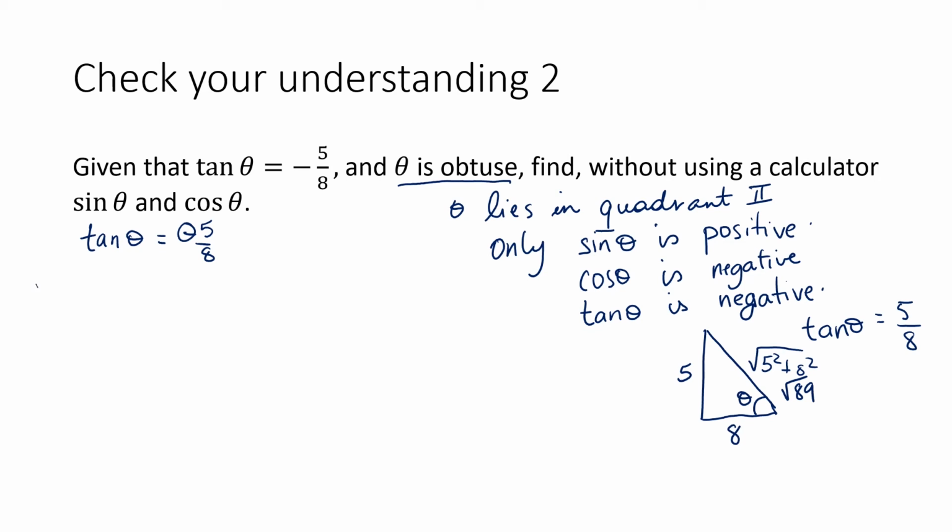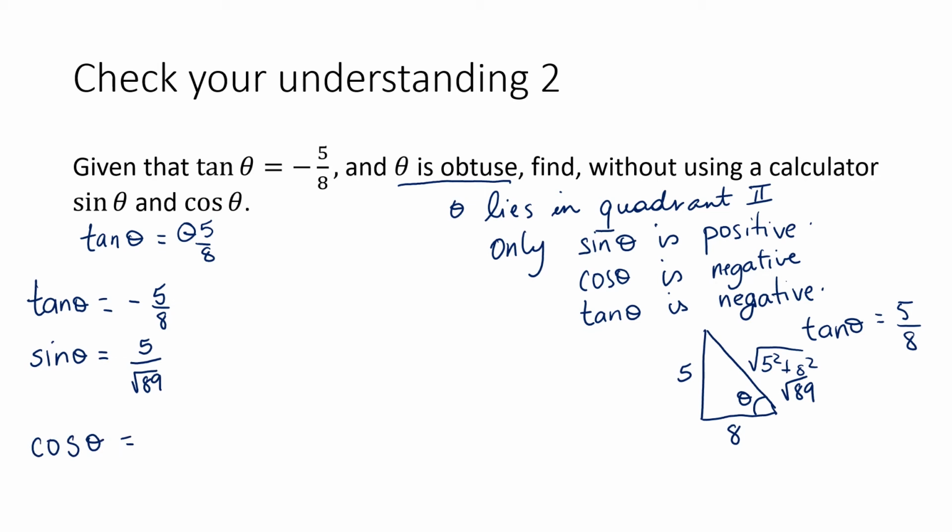So already tangent of theta was negative 5/8. So sine of theta, sine is opposite, which is 5 over hypotenuse, which is the square root of 89. And sine is positive, so this stays as is.